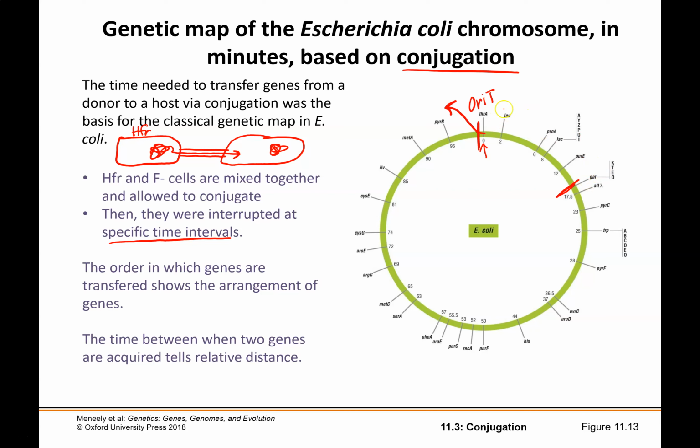And so you can interrupt it at specific times and determine what genes come next. Now, this is a tedious process because every time you interrupt it, you have to grow it and look for the genes. Basically, these are probably all some sort of nutritional or phenotypic mutant. You have some way to determine that these genes are present.